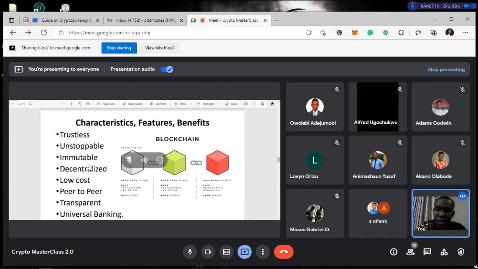I would say the other benefit or feature of the blockchain is that it is immutable. It doesn't change. Like you can check the record of transactions since the inception of Bitcoin, since 2009 till date. The first transaction that was ever performed on the blockchain, you can check it. The address of Satoshi Nakamoto, as the pioneer of Bitcoin, you can check his wallet address till date.